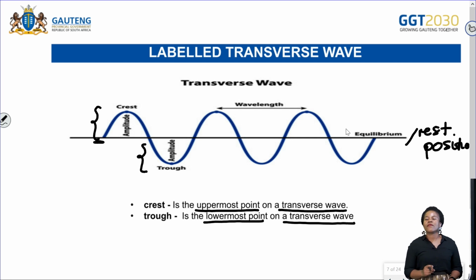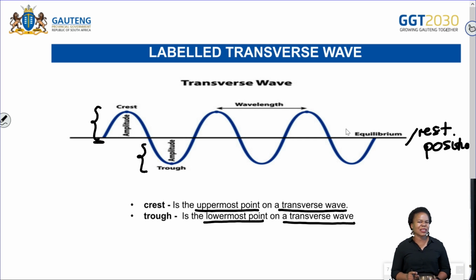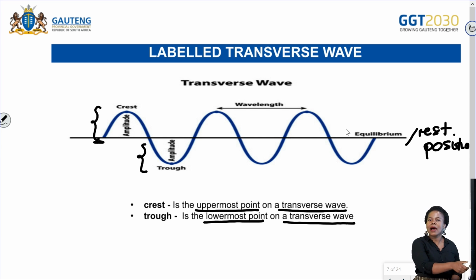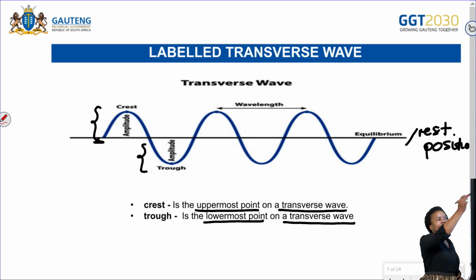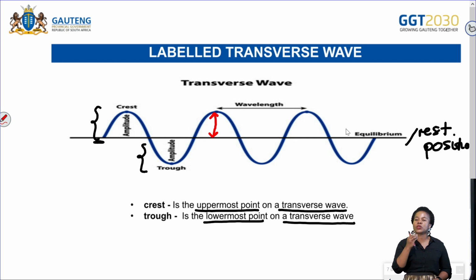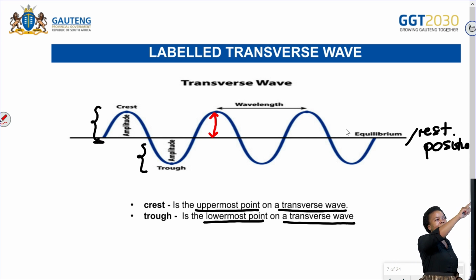Okay, we also have an amplitude. What is an amplitude, you ask yourself? Amplitude is the maximum. So let's start by saying both your crest as well as your trough will have an amplitude. It's a maximum displacement because there was a change in position from the rest position to the uppermost, or from the rest position to the lowermost.